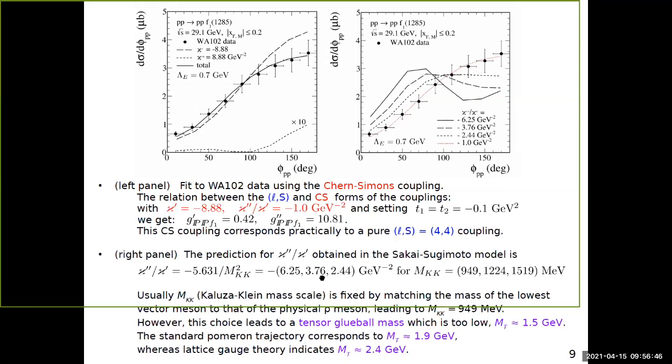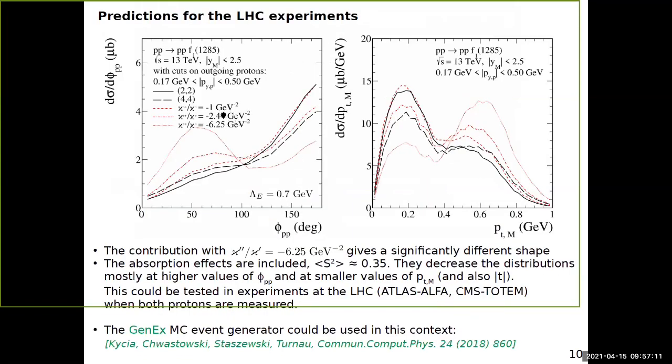So this value, which corresponds to the dotted line in this panel, is close to data. So this discrepancy may be partly due to neglecting the contribution from subleading Reggeon exchanges in our model, which can be important at such quite small energies.